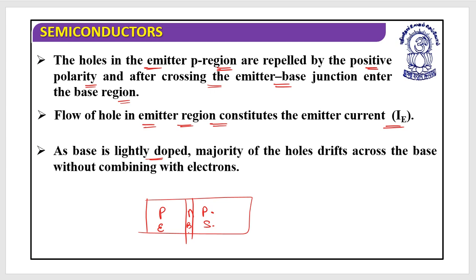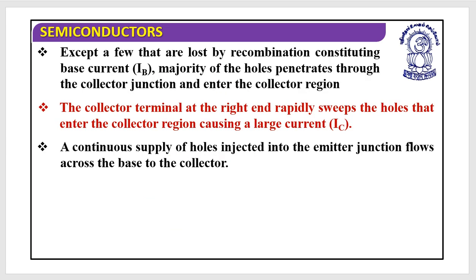And as we understand, the base is very lightly doped, so the majority of the holes drift across the base without combining with the electrons, because it is lightly doped. That means it has very high resistivity. Except for a few that are lost by recombination, constituting the base current IB, the majority of the holes penetrate through the collector junction and enter the collector region.